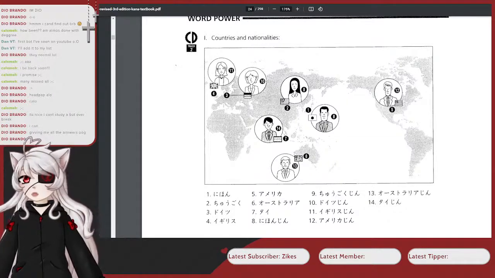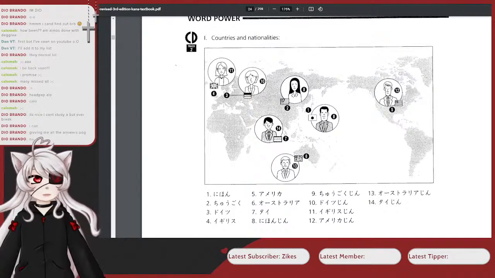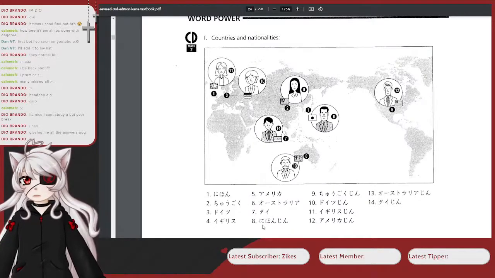Yeah, it's Thai. So Thai is 7. And then 8 is a person. Nipponjin, Japanese person. 9, Chinese person, Chugokujin. So it's all the names with just the word jin afterwards.